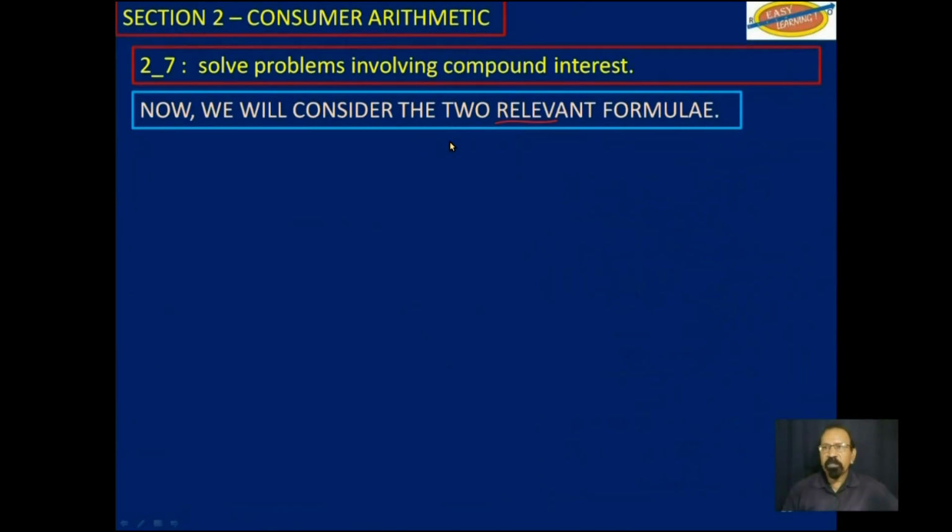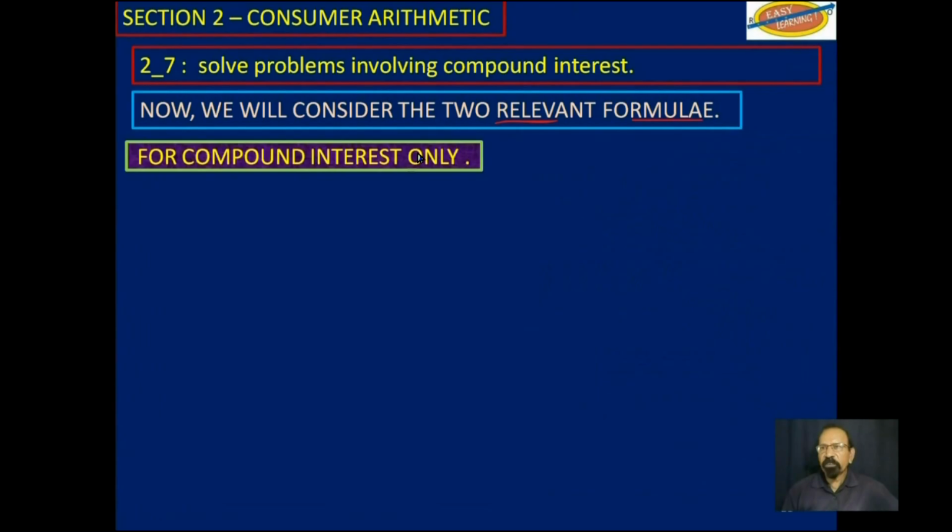So now we will consider the two relevant formulae. You were just introduced to them. Let's look at them closer now. For compound interest only. Now this one will calculate only the compound interest. Compound interest is equal to principal multiplied by (1 plus R over 100n) to the power of n times t. And then you still have to minus the principal.